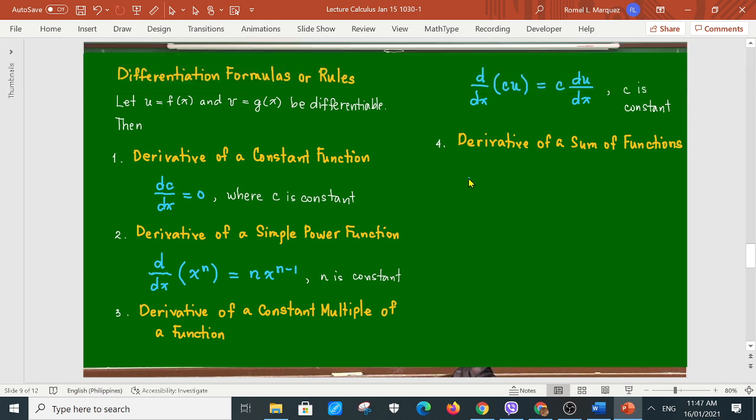The formula: the derivative with respect to x of u plus v is the derivative of the first term with respect to x plus the derivative with respect to x of the second term in the sum. The derivative of a sum is equal to the sum of the derivatives.